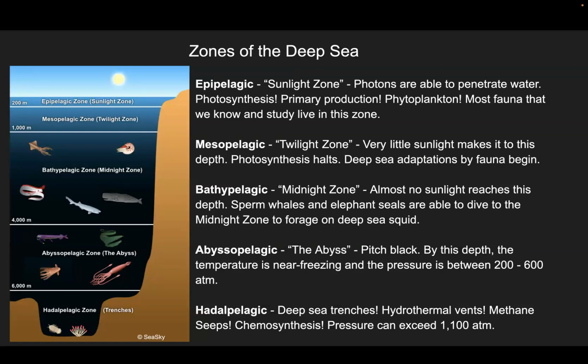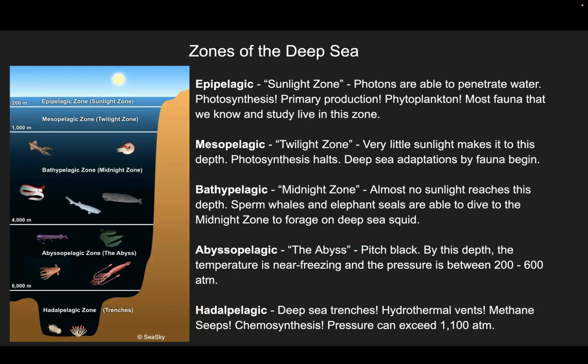Okay, now for the abyssopelagic. This is known as the abyss, and it's pitch black, no photons whatsoever. By this depth, the temperature is near freezing, and the pressure is between 200 to 600 atmospheres. Next up, we have the hadopelagic.